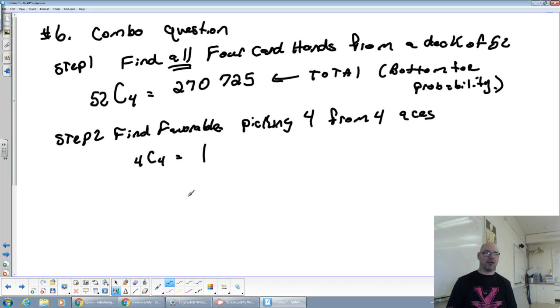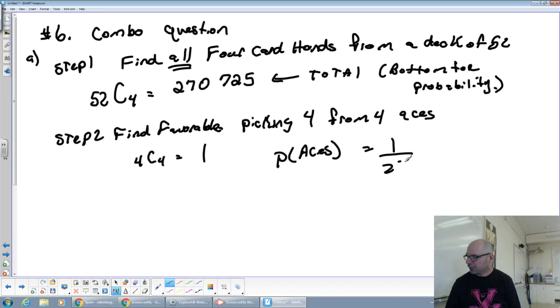There's only one way you can get all of the aces. So the probability of getting all aces is 1 over 270,725, which is a very small decimal number, but you can leave it like that.